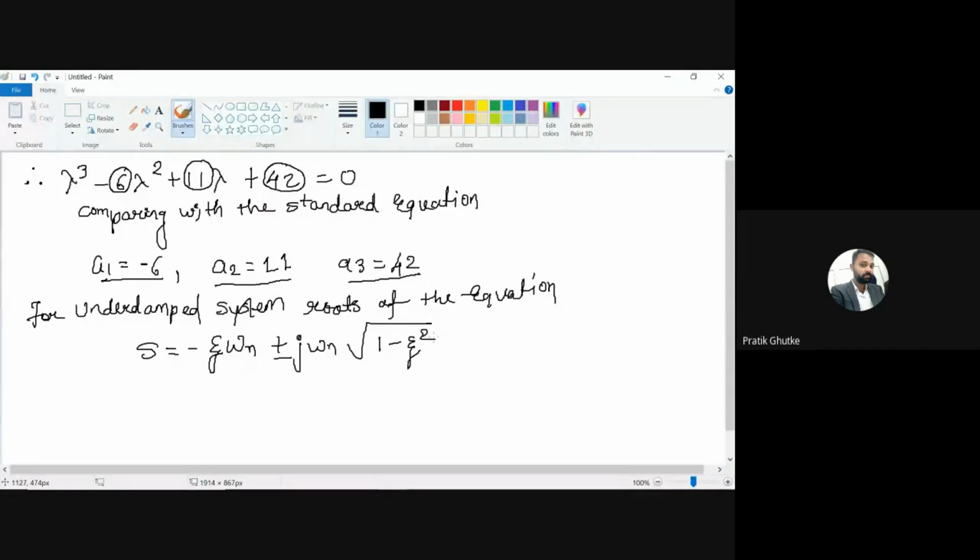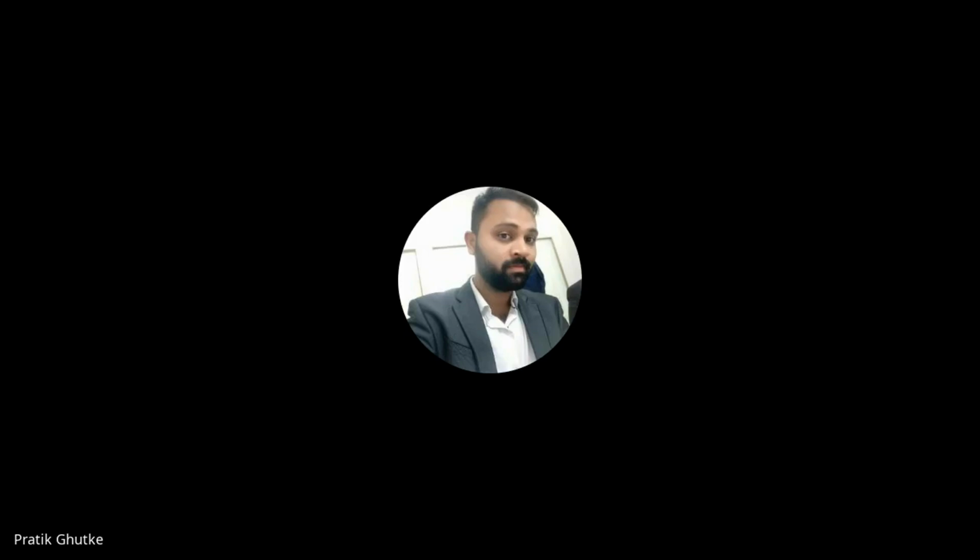So what given values are there? You are given with the settling time. Ts equals to 4 divided by zeta omega n. This is the formula for settling time.